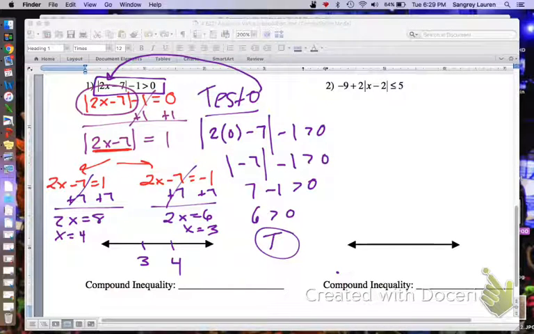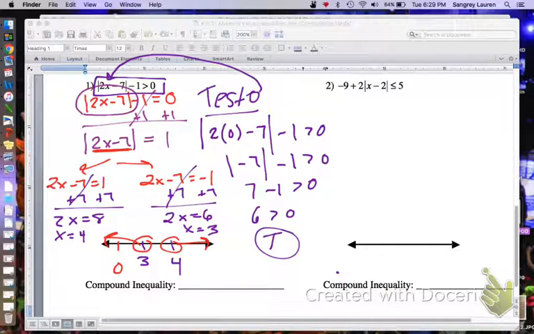So think about where 0 is on our number line right now. It's over here because 0 is less than 3. So we're going to have open circles and we need to shade toward 0. But remember, you're either shading out or in. Because 0 is out, we're shading out.